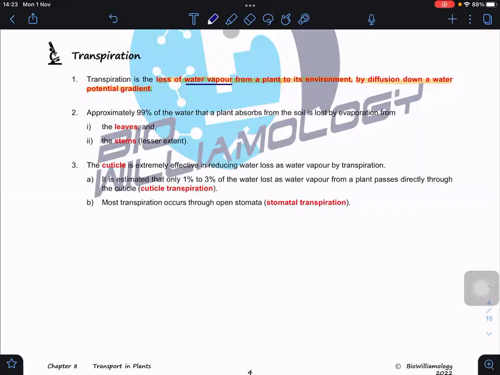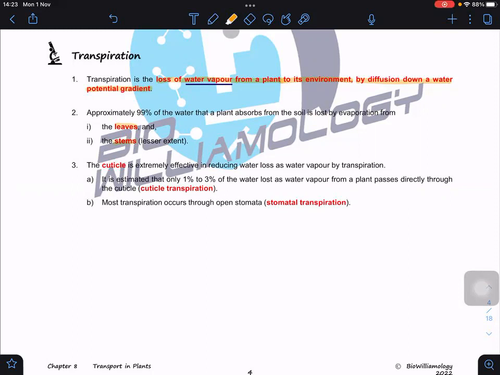If you look at the entire process, approximately 99% of the water the plant absorbed from the soil is lost to the environment by the evaporation process. This water can evaporate from the leaf or from the stem, but the majority is from the leaf.